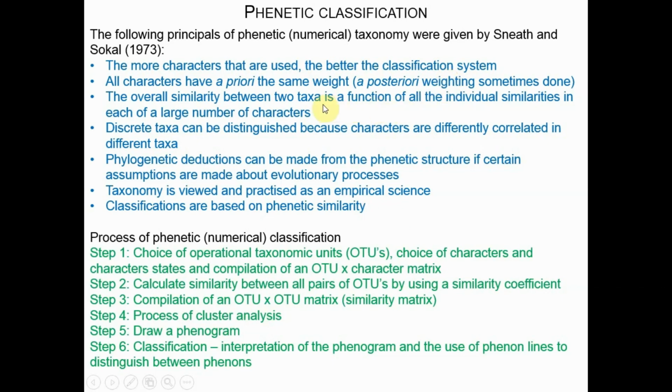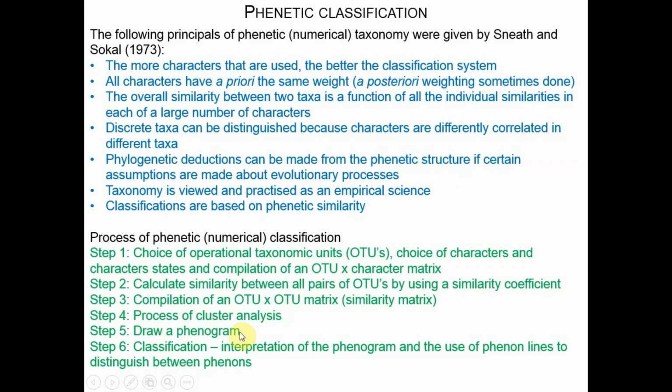So remember, we said that we are trying to calculate the overall similarity. This process of clustering will do exactly that. It will calculate the similarity between the OTUs, and it will cluster together those that share more characters or have a higher overall similarity. It does this in the shape of a dendrogram or a tree.